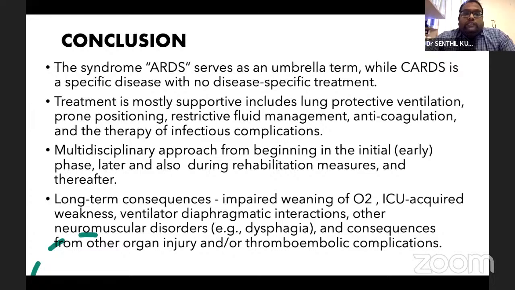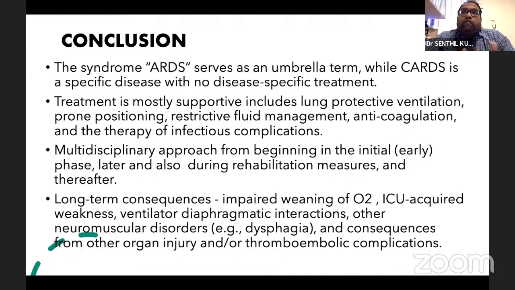Treatment is mostly supportive, and includes lung protective ventilation. So how long should we give lung protective ventilation? Until we control the inflammatory response and cascades, which are the major causative factor for severe ARDS in COVID patients.